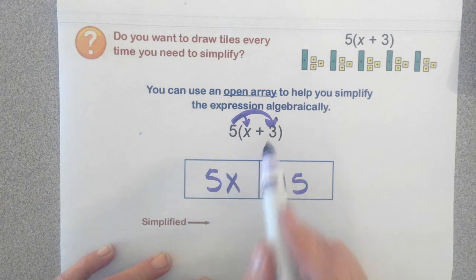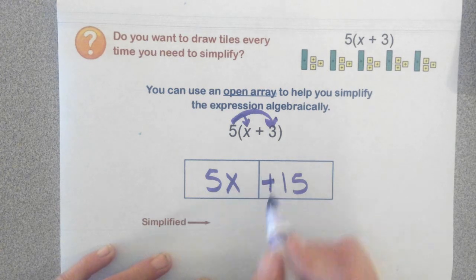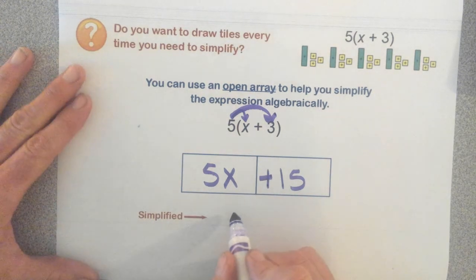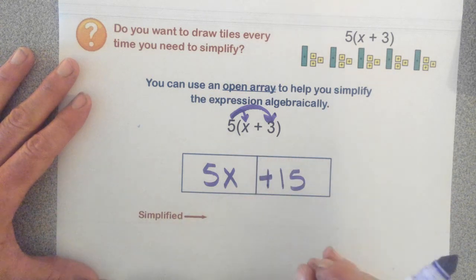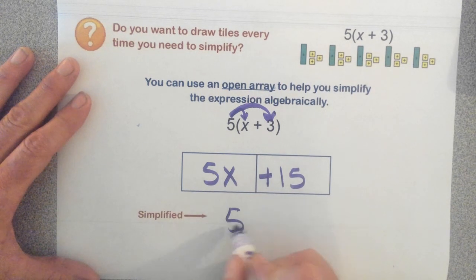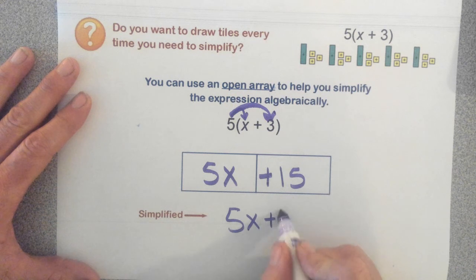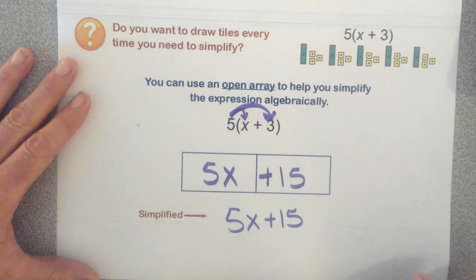And it's a positive 5 and a positive 3, so it's a plus 15. So simplified, 5 groups of x plus 3 in each group, put them all together, and you will have a 5x plus 15.